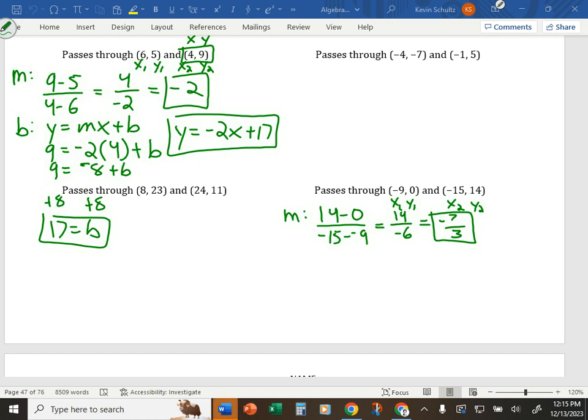Okay? Now, we know the slope. We have 2 ordered pairs to pick from. How do we solve for b?